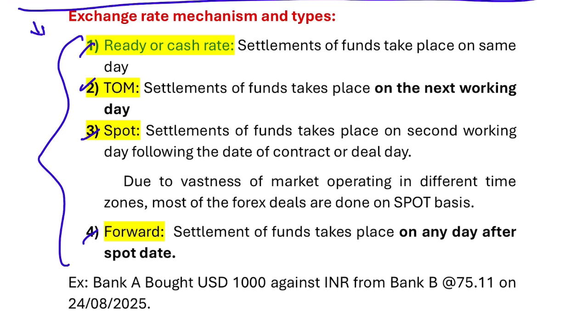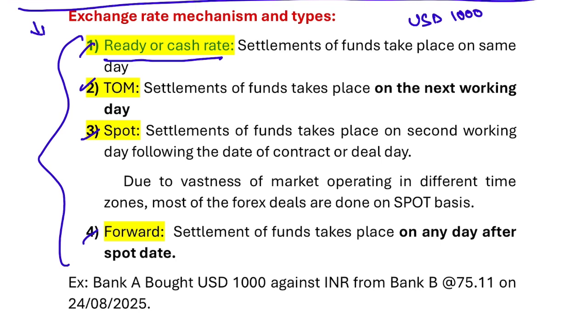Got it? Okay. What is the first type of rate? That is the ready or cash rate. Suppose you went to a bank and purchased US dollars, around 1000 US dollars. You gave your INR, and they gave US dollars on the same day.